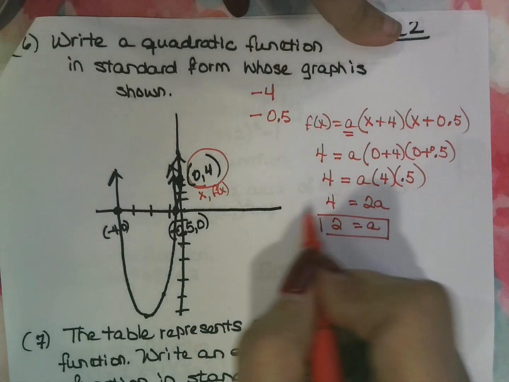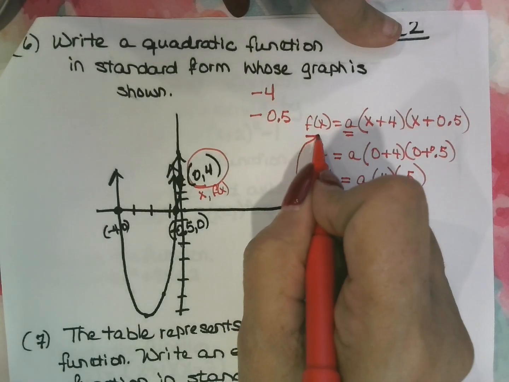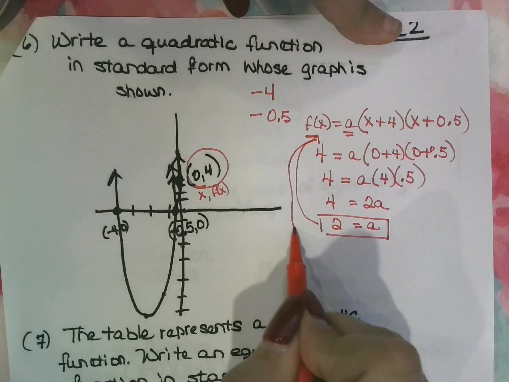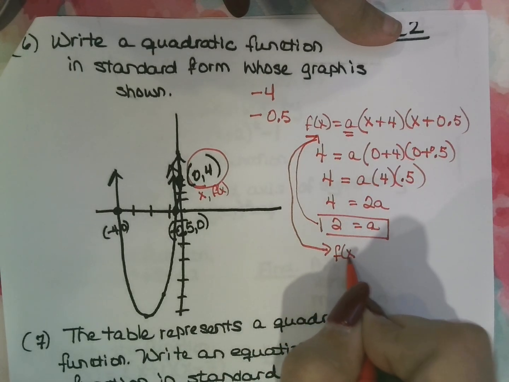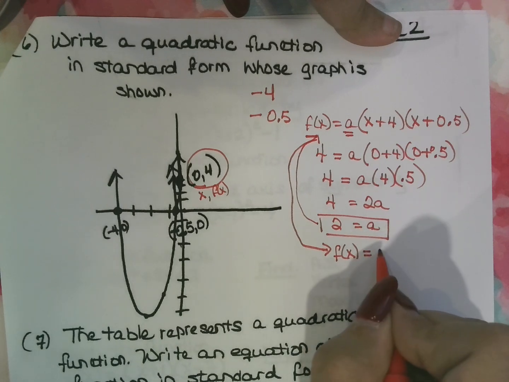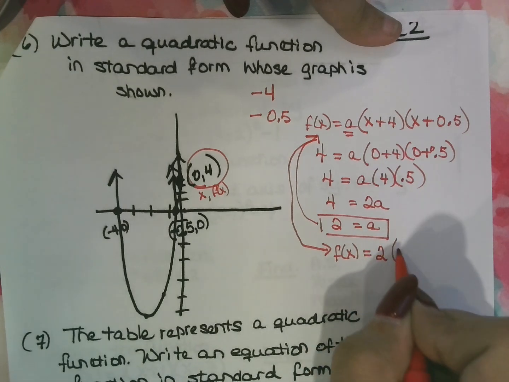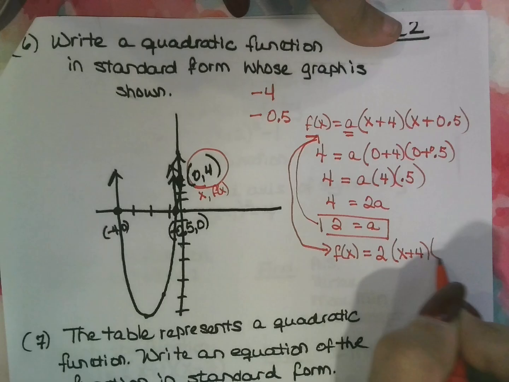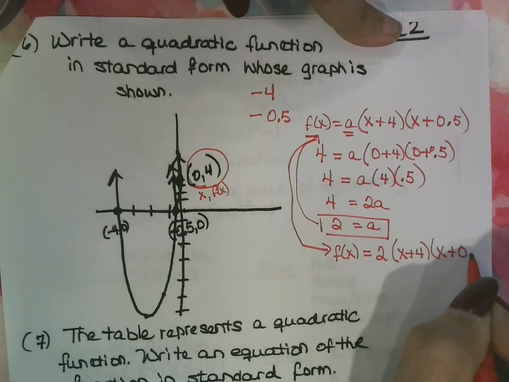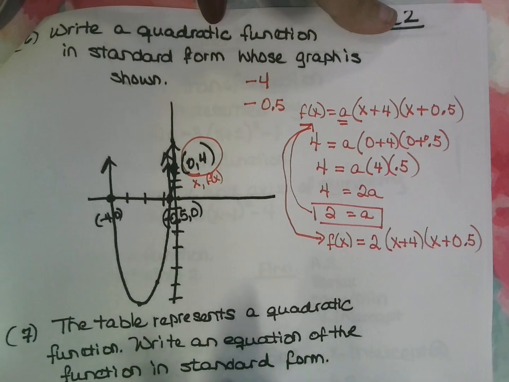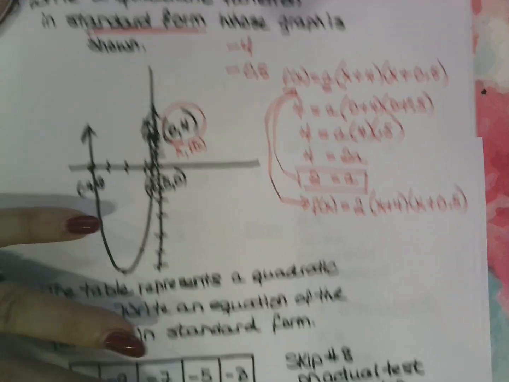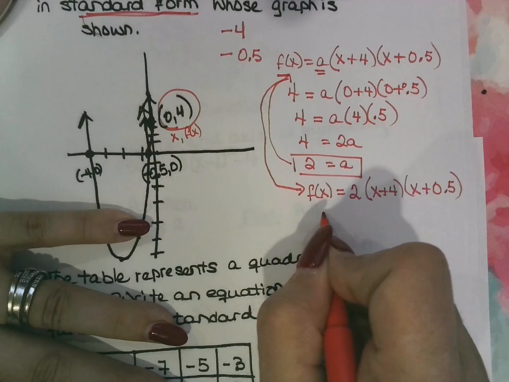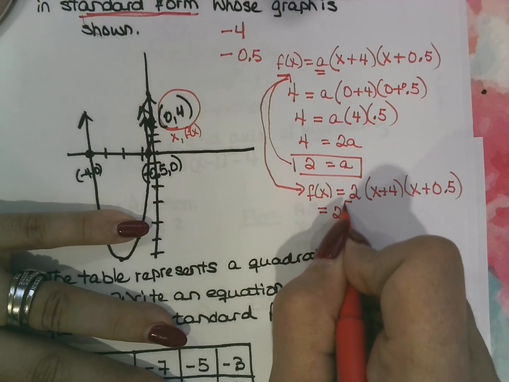All right. And now we take this value and put it back up here, but I don't have any more space, so I got to come right down here. So f of x equals the a, which is 2, times (x plus 4)(x plus 0.5). And remember, they want this in standard form, so we're going to need to FOIL this.